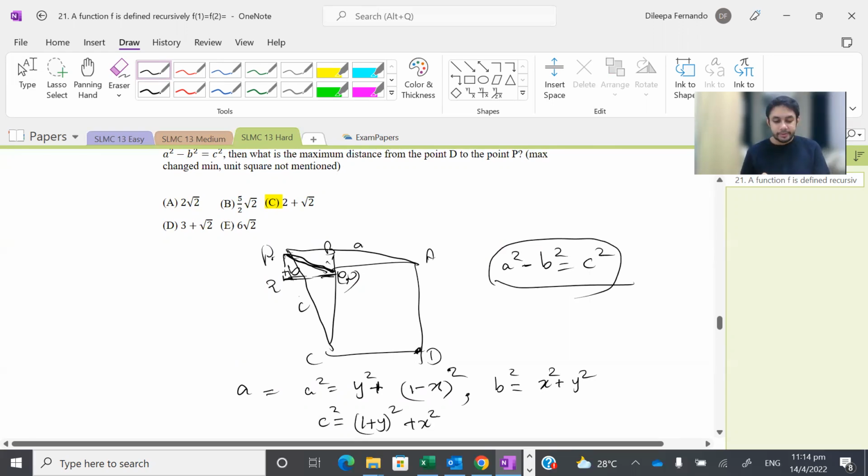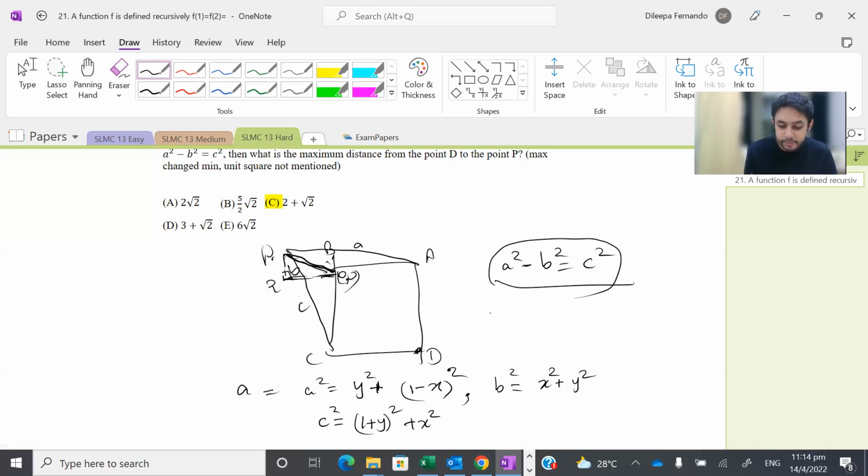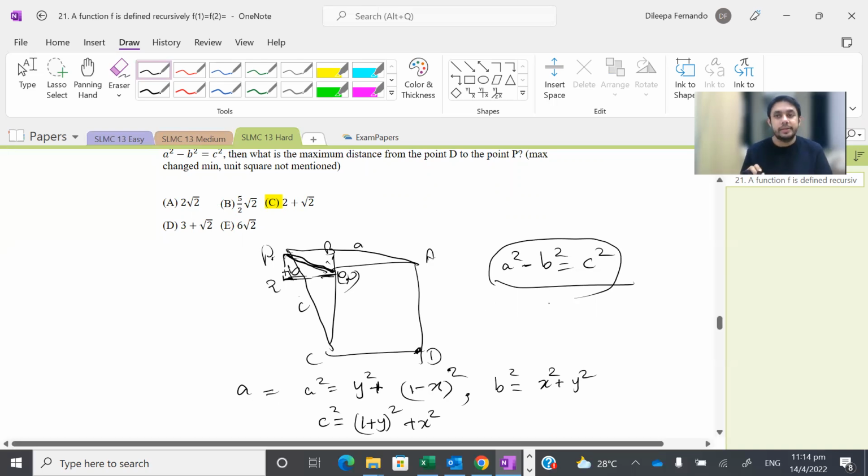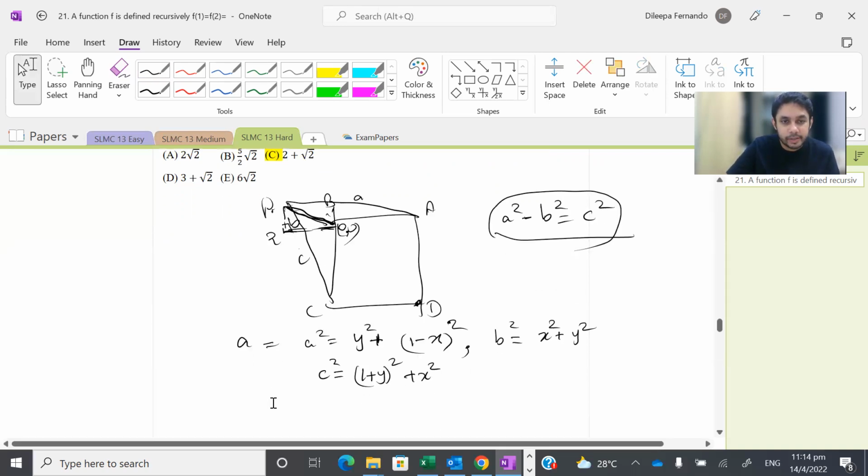Okay, now we have everything in terms of x and y. So when you use the above equation, you can find the locus or the path of point P, because point P is x comma y.